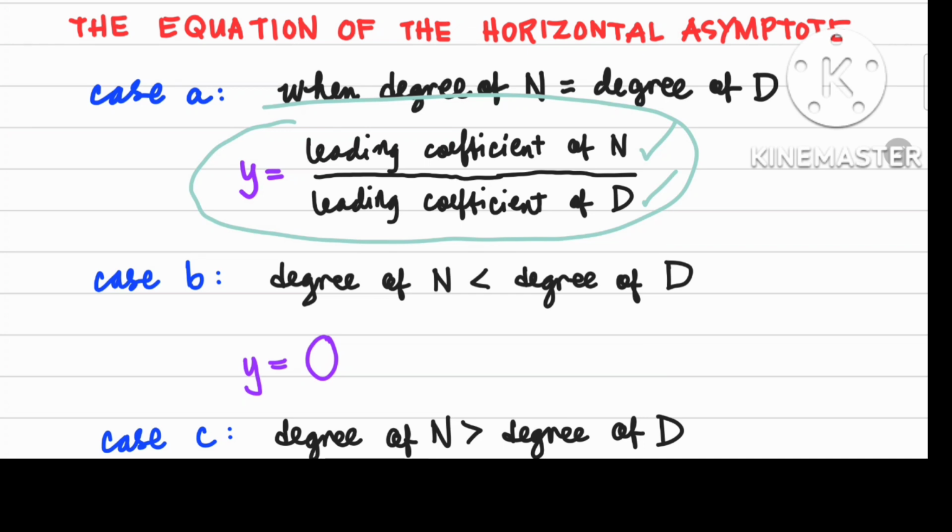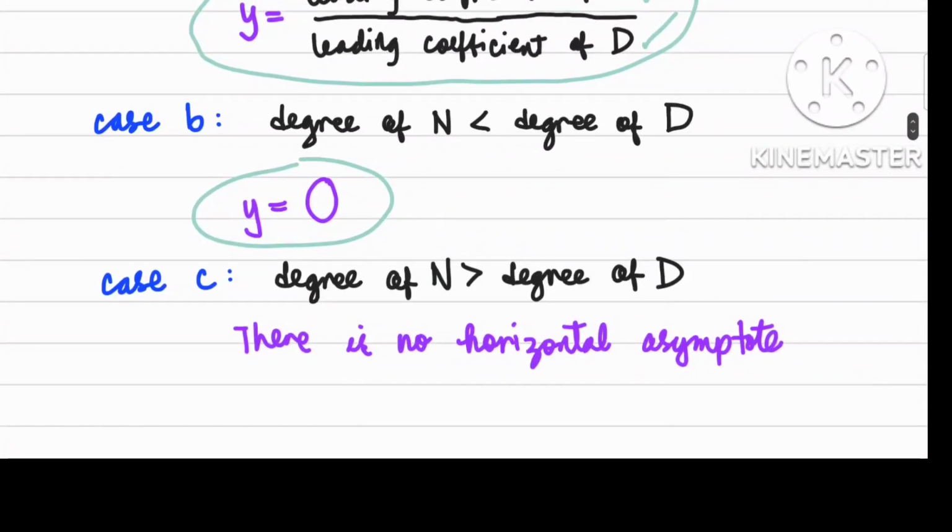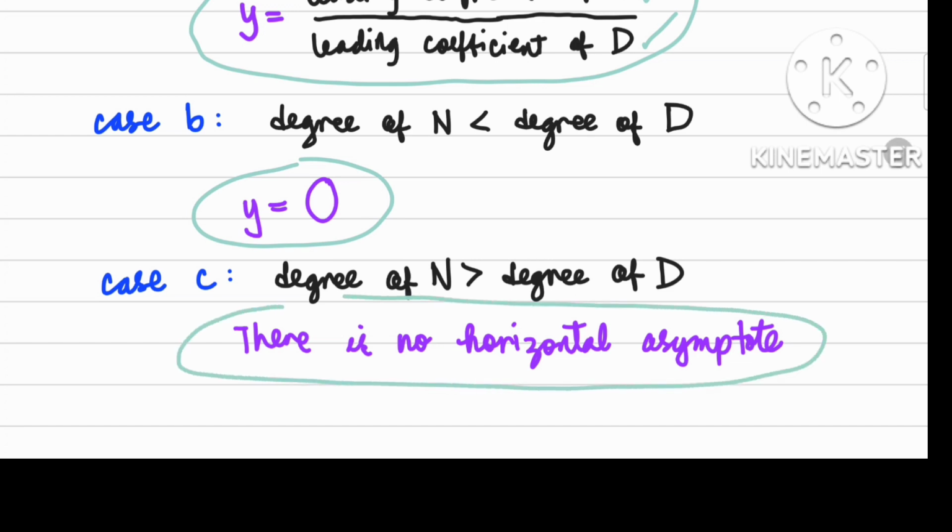When that happens, the equation of our horizontal asymptote will be automatically y is equal to 0. While our third case is when the degree of our numerator is greater than the degree of the denominator. When that happens, we say that there is no horizontal asymptote, or it does not exist.